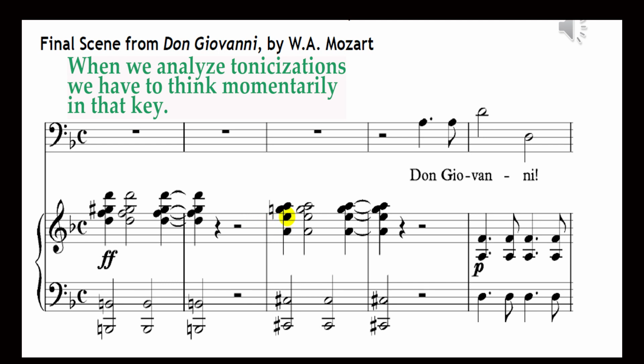Instead, it goes up to E, which is the fifth scale degree. This very top note D, you expect to go down to C sharp, but it doesn't. It drops a fourth to A. And finally, the leading tone of A, this G sharp, we would expect that to go up to A. But instead, it goes down to G natural.